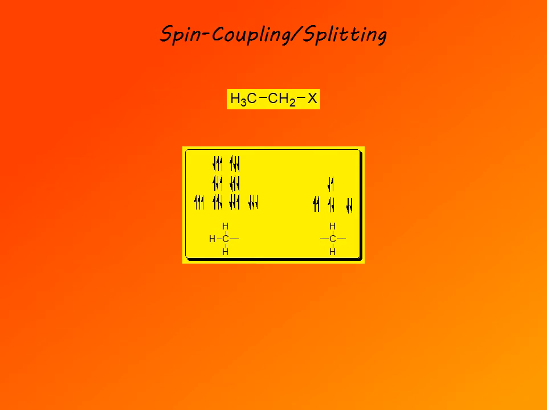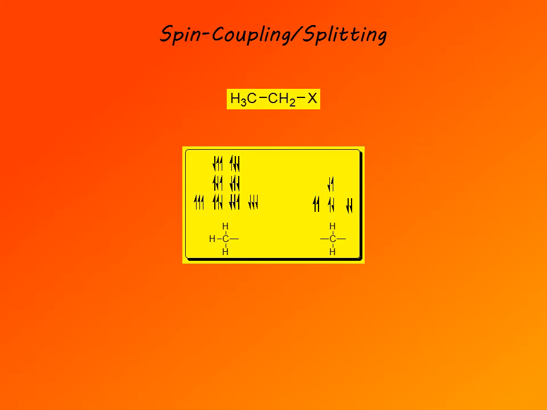So this situation is 3 times as likely as the first one where all 3 are parallel. Next, we could have a situation where 2 of the spins are antiparallel to the applied magnetic field and one is parallel. And any one of the 3 protons could be the one that is parallel. So again, there are 3 such possibilities. And finally, all 3 could be antiparallel to the applied magnetic field. Again, only one such possibility. So the statistical ratio of these spin orientations is 1 to 3 to 3 to 1.